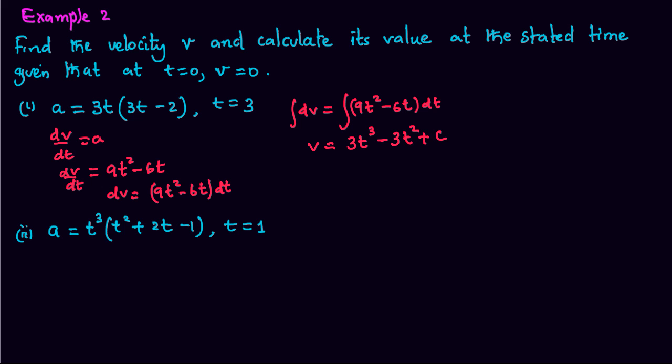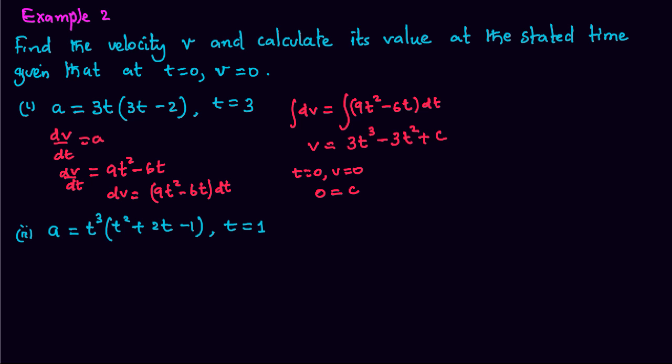But we are given that for initial condition t is equal to 0 when v is equal to 0, so that 0 is equal to c.